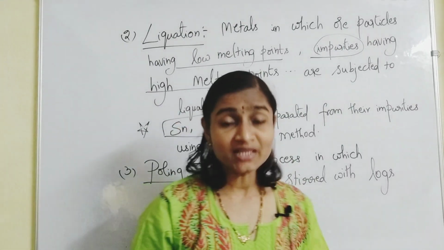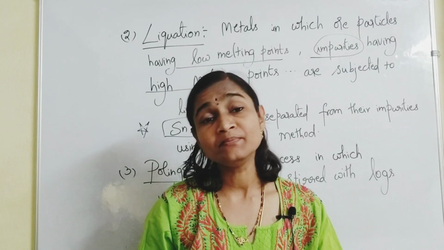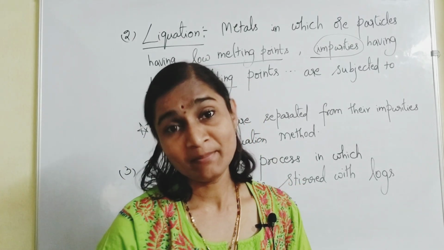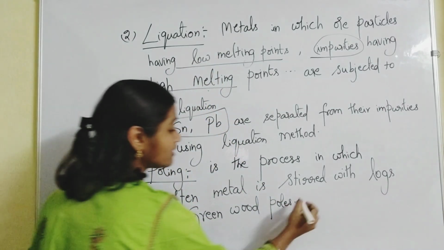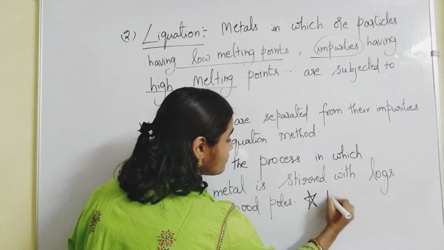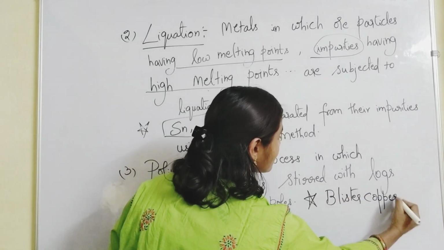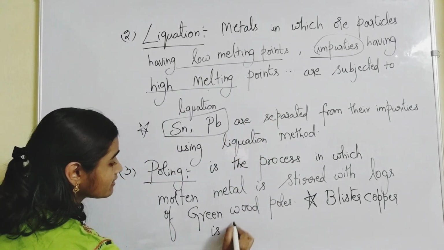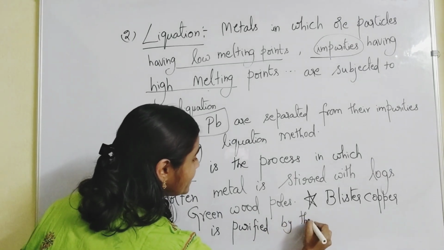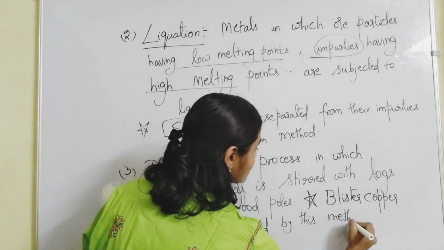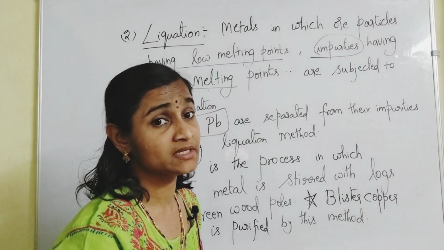Here one thing please remember. Blister copper is an impure form of copper metal. Blister copper is purified by this method. Very, very important point.